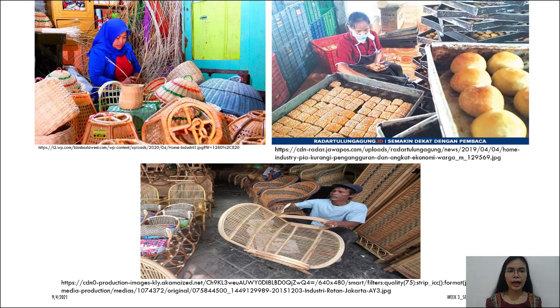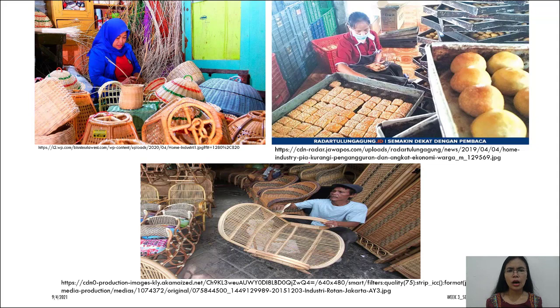Now we'll look at some of the examples of products of home industry. So this one, I think everyone may have at least one of this. Probably like this one, it's food coverings, and this one, I guess this is bakery, and this one is rattan seed.